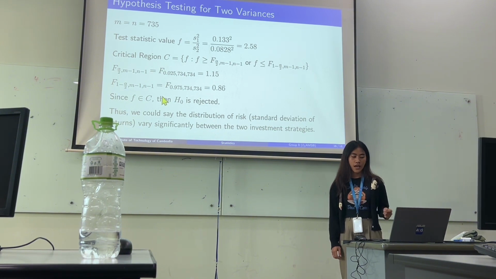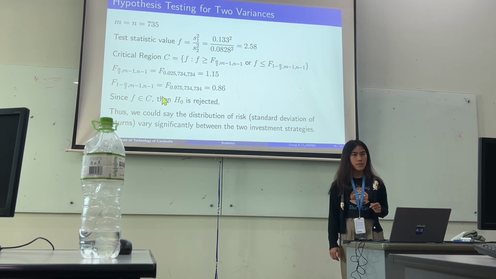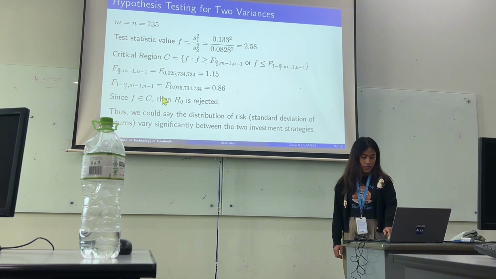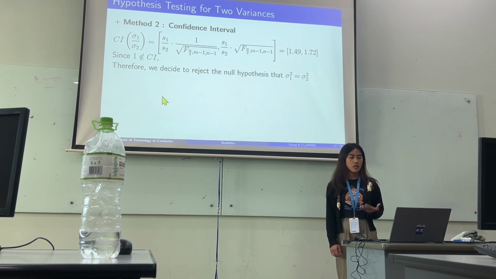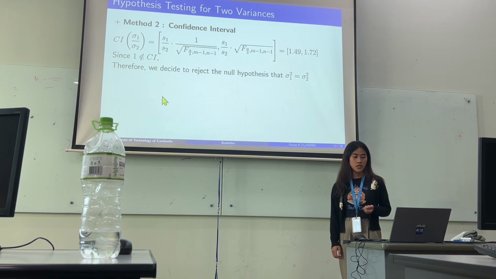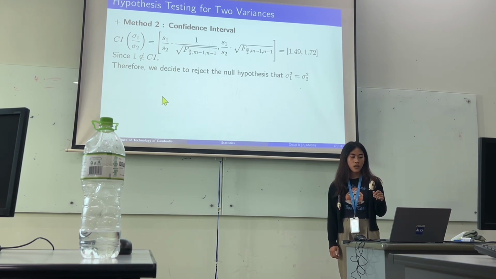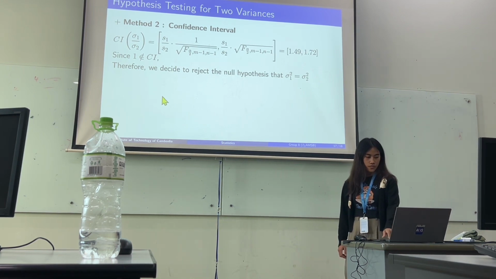Thus, we could say that the distribution of risk, or standard deviation of returns, varies significantly between the two investment strategies. The next part is method 2, the confidence interval. The formula is defined as shown, and it is between 1.49 and 1.72. Since 1 is not in the confidence interval, we decided to reject the null hypothesis that sigma 1 squared equals sigma 2 squared.